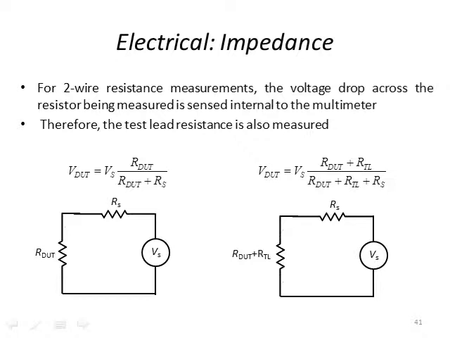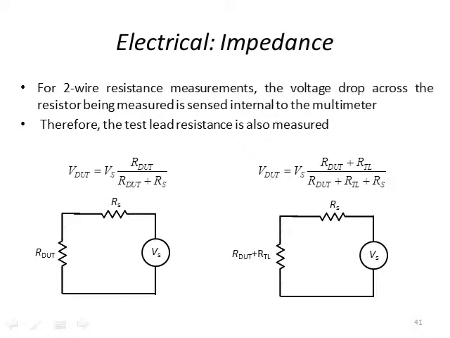What you do then is you measure current through the connections to your device as well. So you're not just measuring the resistance of your device, you're measuring the resistance plus the resistance of the terminals. And this can introduce errors.